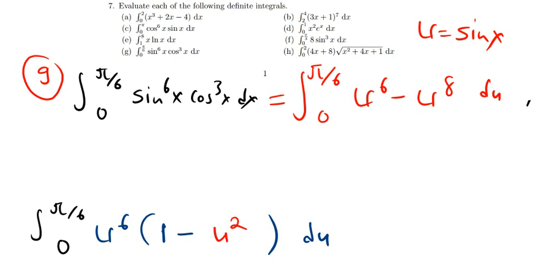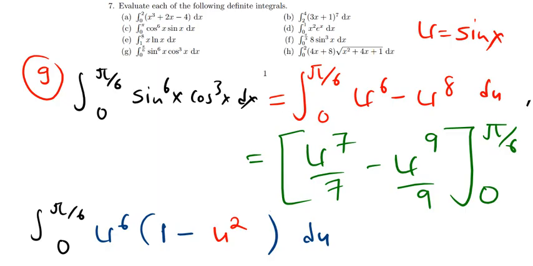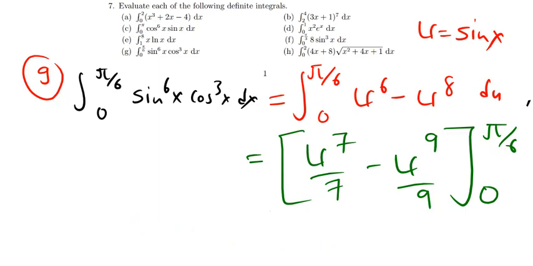How do we integrate? We increase the power by 1, divide by the result. So that will be u to the power 7 divided by 7, u to the power 9 divided by 9, and we have pi over 6 and our 0 there. So pi over 6 is practically 30, so the question is, what is sine 30?